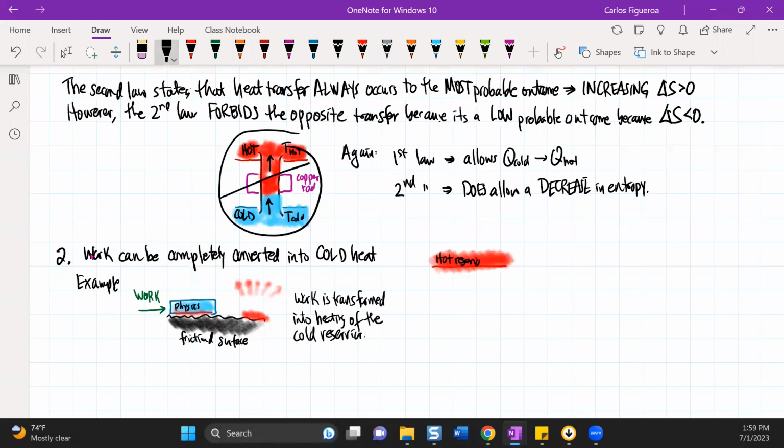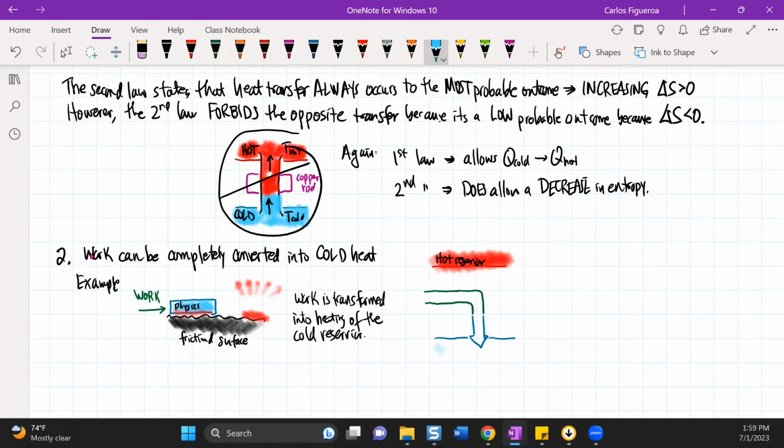It plays no part. But now I did mechanical work, and I can take that mechanical work and completely convert it into heat ejected into the cold reservoir.